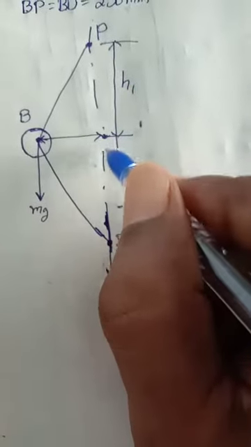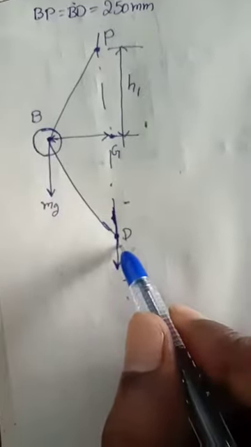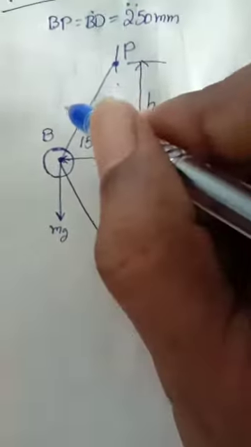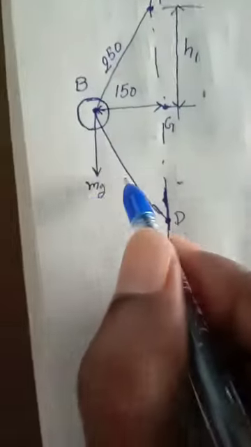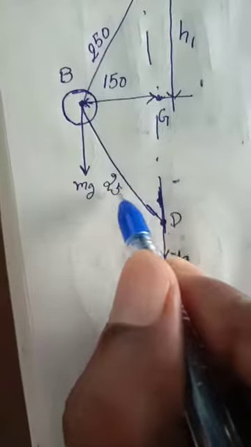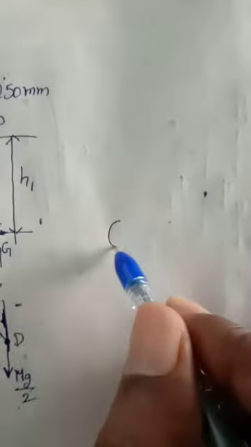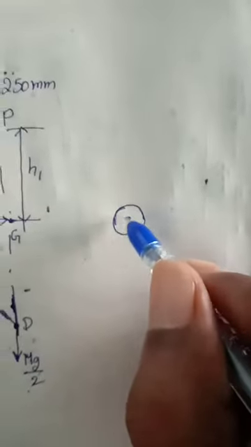This point is called G. This distance is 150 and this distance is 250. Now this distance is also 250. So this is the given problem.